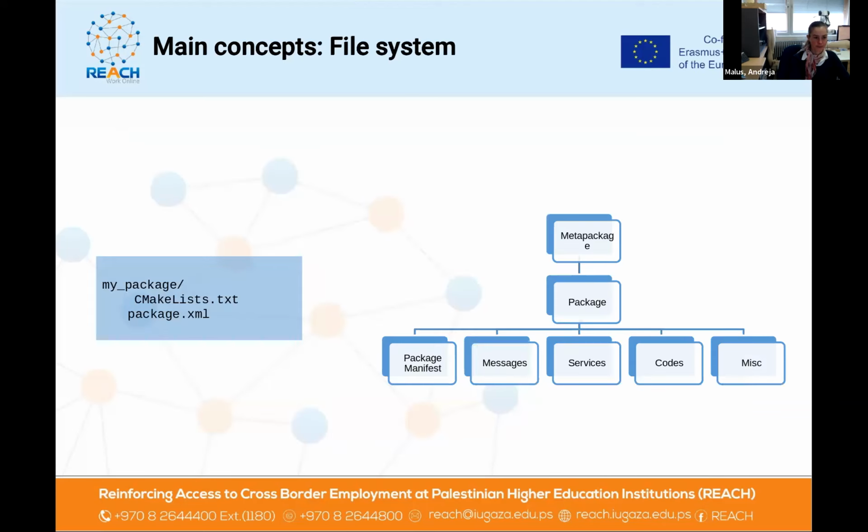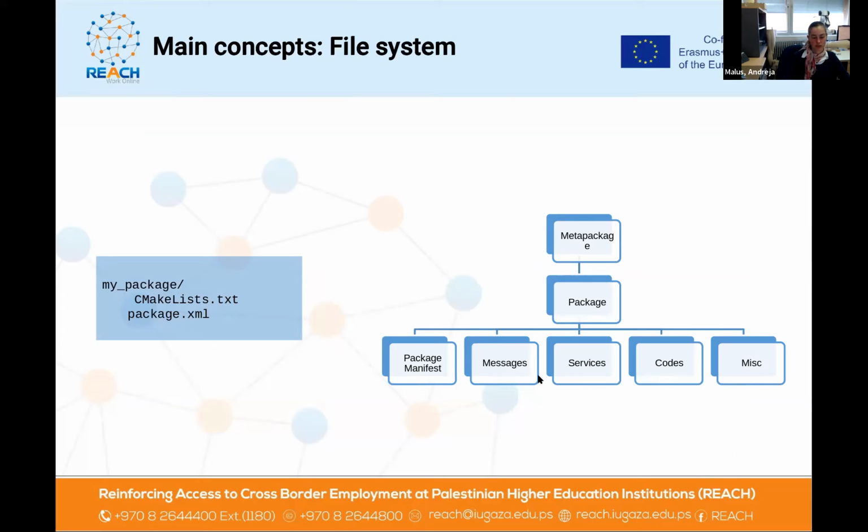So regarding the file system, we have code organized in packages. Each package needs to have a package manifest, which is a package.xml file, and a CMakeLists.txt file. So that here are the main information about the packages. Then code is organized in various folders in a package.